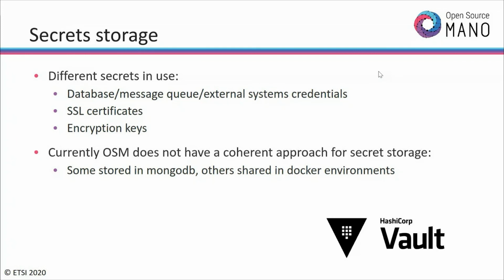So we feel that it's really important to have a consistent way to store all the different secrets that we use in OSM. The suggestion is to use a new mechanism for both certificates and private keys, which is Vault. Vault is already integrated into Kubernetes.